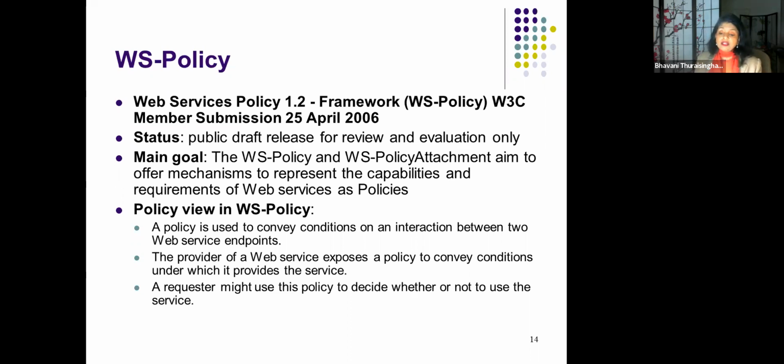A requester might use this policy to decide whether or not to use a service, because I might want to share the information, or I might not want to give some of my information to the service provider, right? So then the requester can decide, do I want to use the service or not?